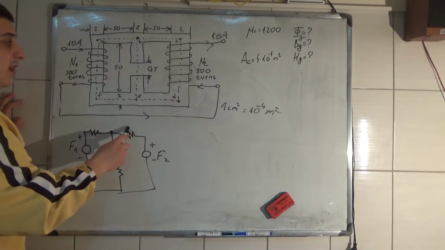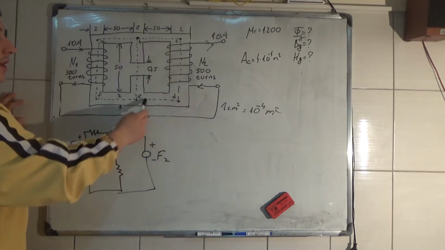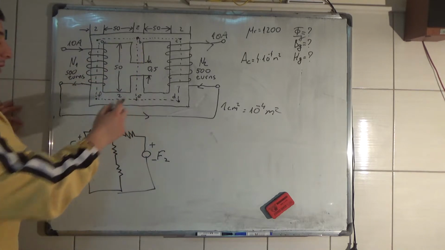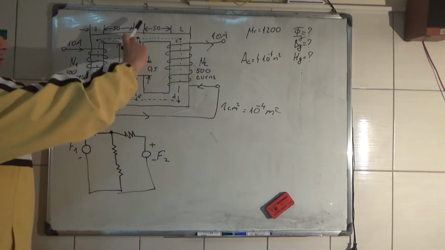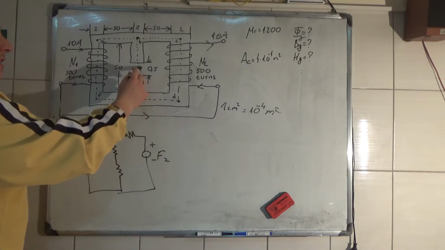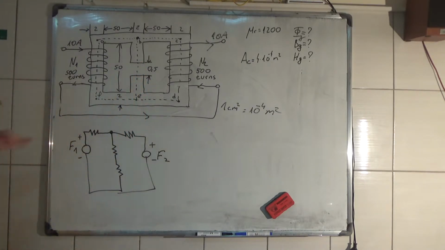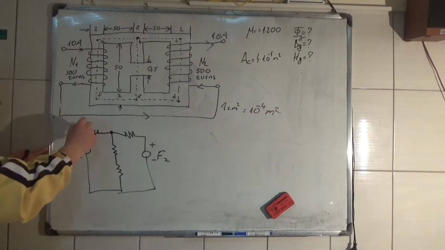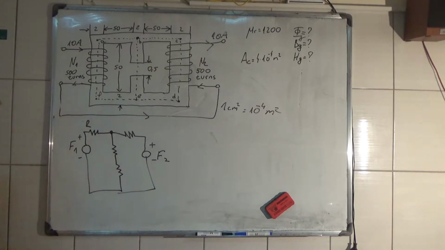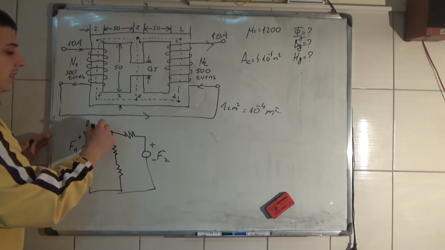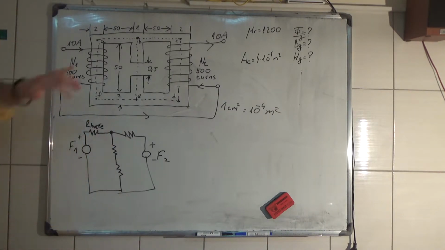Here we have the reluctance from B to E in another direction, and here to here we have a reluctance from B to E, and we have a reluctance of the air gap. So here we have the reluctance of B, A, F, E.